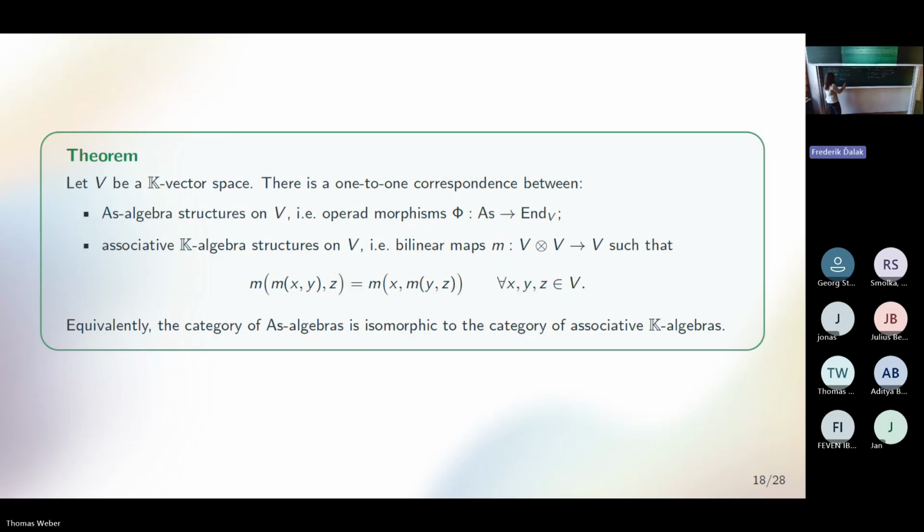So here we set CA1 of mu1 equal to the identity map over the vector space A, because we would like it to be a morphism of operads, so it has to preserve the identity again. And then we set CA2 of mu2 as equal to the associative multiplication MA.